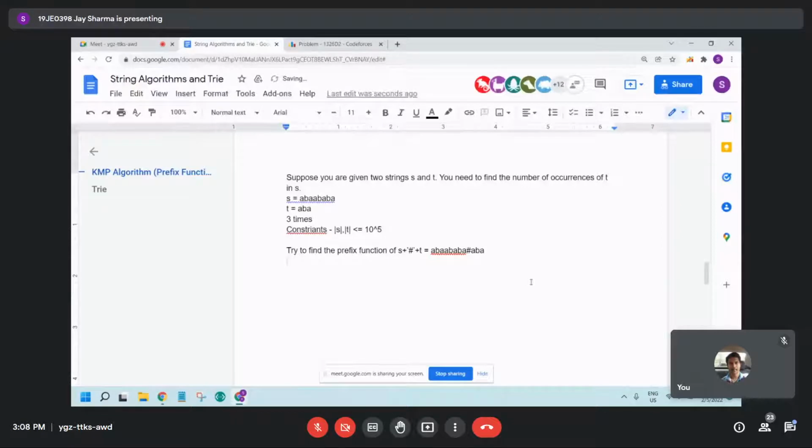Okay, can anyone tell me what will be the prefix function of this thing? Like the first few elements of the prefix function array. So the first index will be zero, if you consider the empty substring. Then for A B again zero, right?